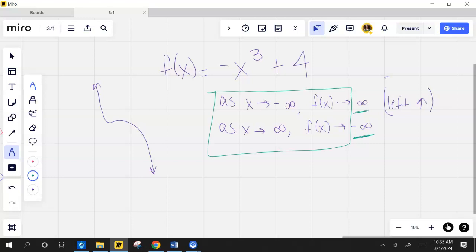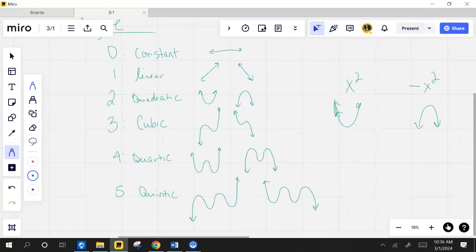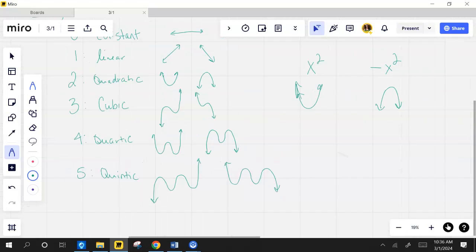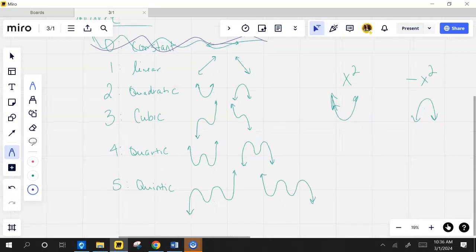Right now, they're not. Now, I want you to look at something. Flip back over to the chart we did at the beginning. Ignoring the constant part, but looking at all the others, do you notice any type of pattern? Behavior-wise. Look at these. This one, the ends go off in opposite directions. This one, the ends go off in the same direction. Opposite, same, opposite.